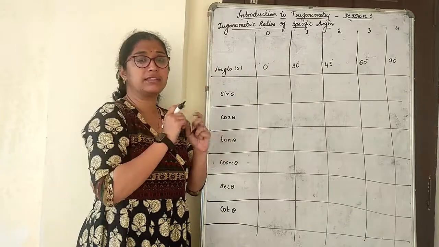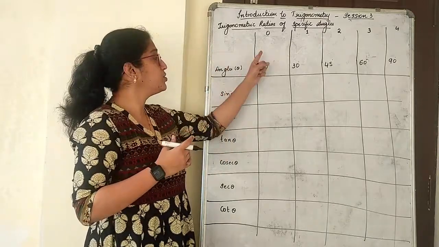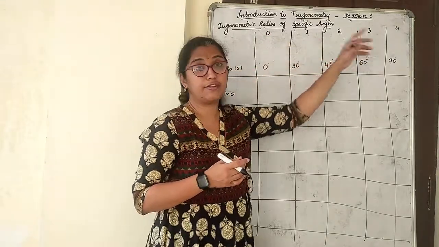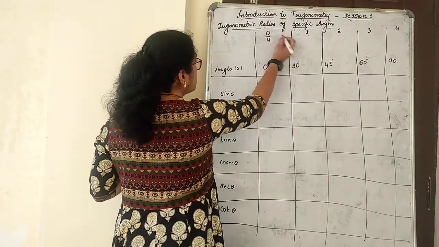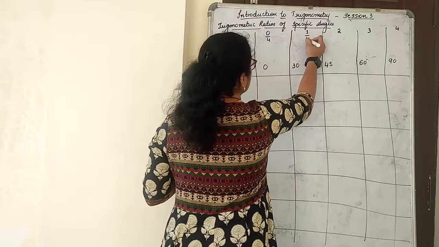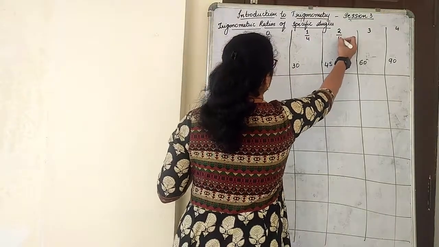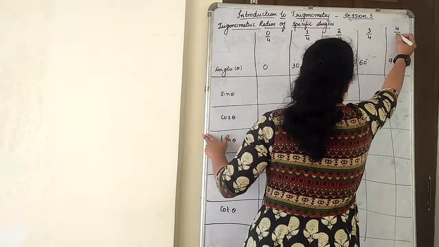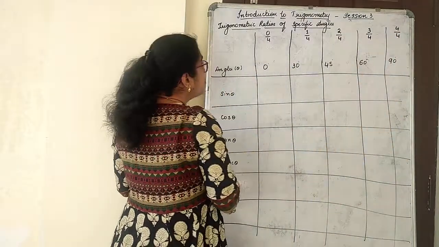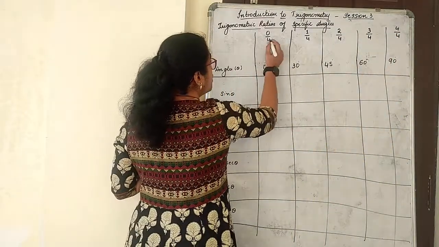To remember that is a trick. Just write 0, 1, 2, 3, 4. Divide everything by 4. Okay. So when you divide everything by 4, what do you get?